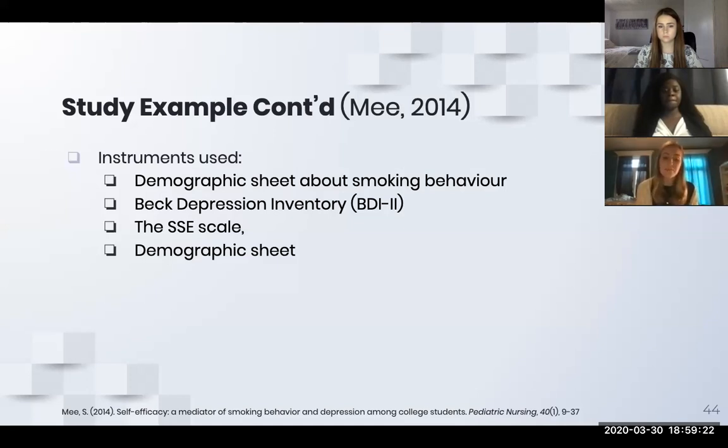It is a 21-item self-report inventory that measures affective, somatic, behavioral, motivational, and cognitive symptoms of depression. And then the SSE scale, another self-administered tool that measures the perceived self-efficacy of an individual to resist smoking cigarettes. And then as well, the demographic sheet to determine things like gender, race, possibly socioeconomic status, and things like that.